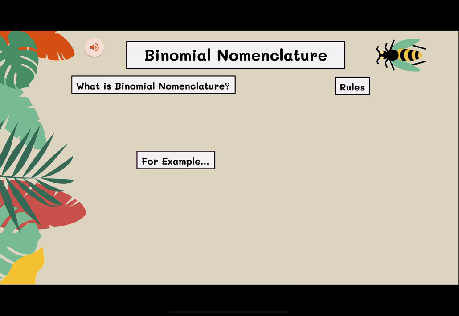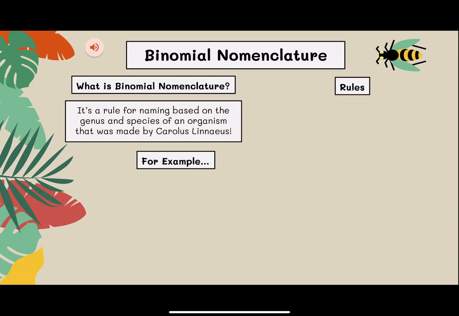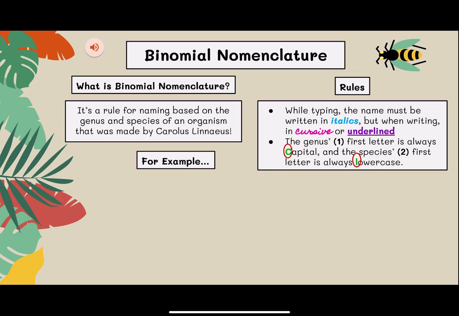Binomial nomenclature. What is binomial nomenclature? It's a rule for naming based on the genus and species of an organism, and it was made by Carolus Linnaeus. Here are the rules. While typing, the name must be written in italics, but when writing, in cursive or underline.